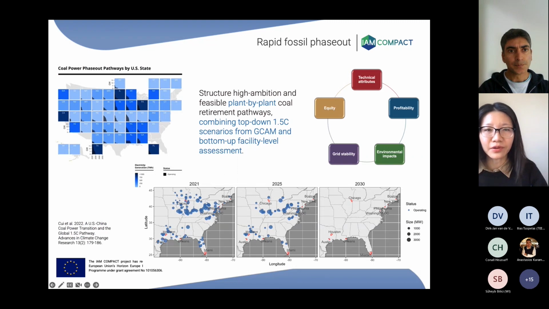Another example, like we mentioned, the coal phase out by 2030, is important for the US, especially for the electricity sector, to help achieve the target.